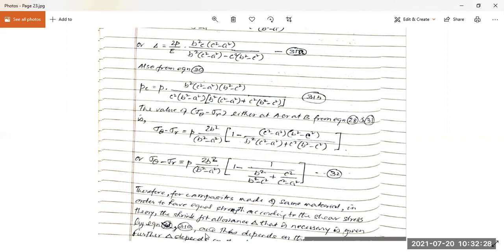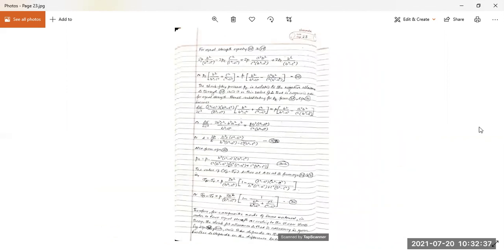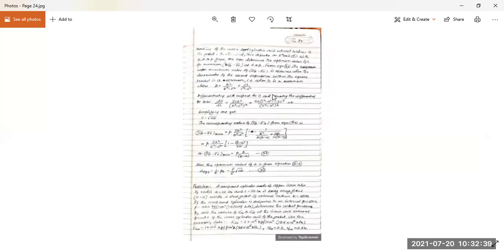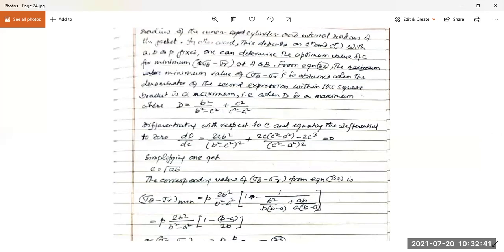Further, delta depends on the difference between the external radius of the inner cylinder and the internal radius of the jacket or outer cylinder.